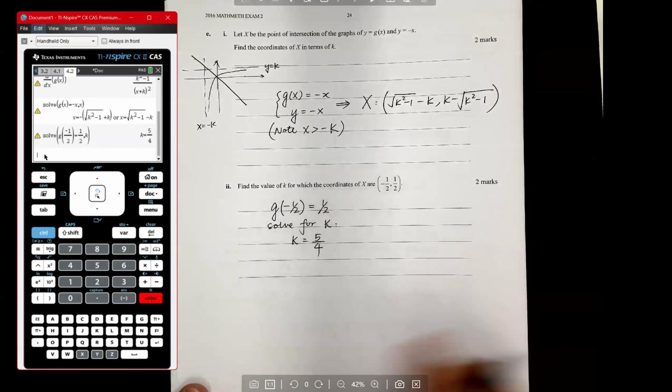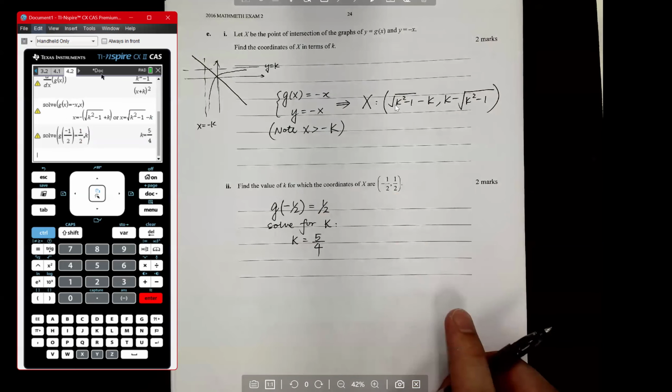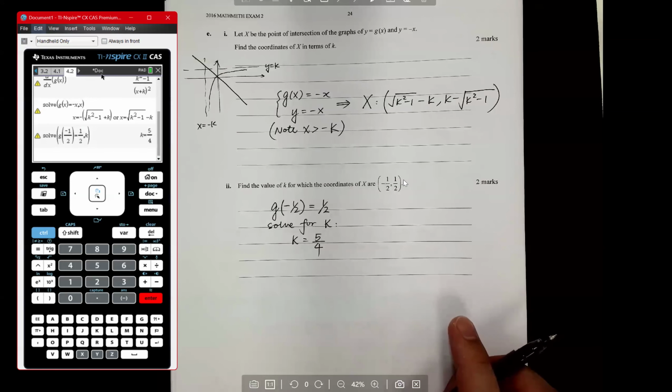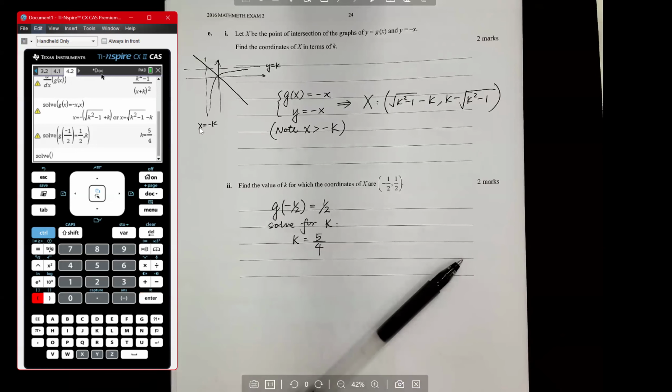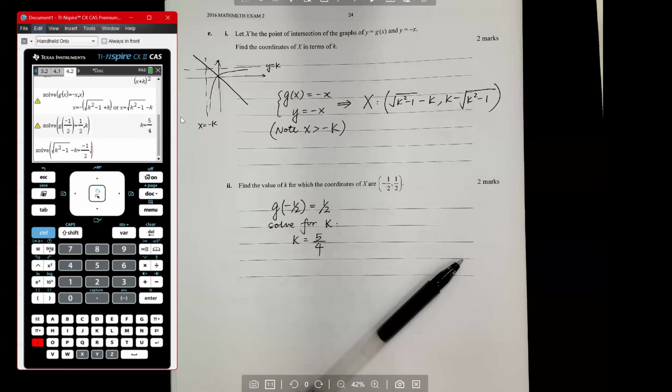And the problem is solved. Otherwise, you can manually equate this to minus half and this one to half. Well, eventually it's the same equation, so you get a k value of 5/4. But I just noticed if you equate this bit to minus half, yep, only one solution.